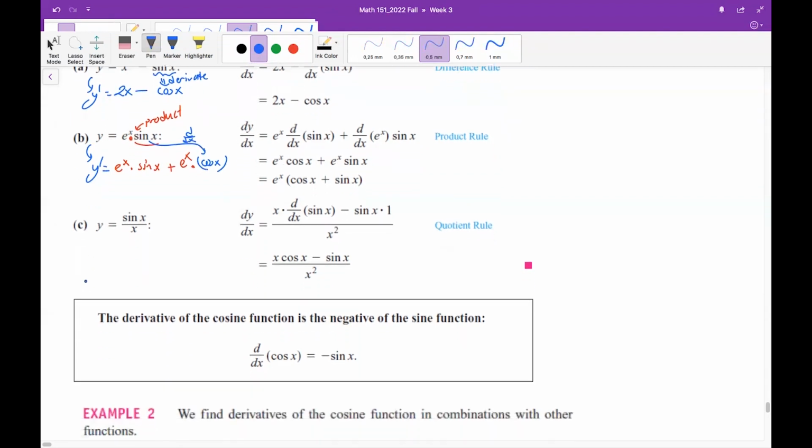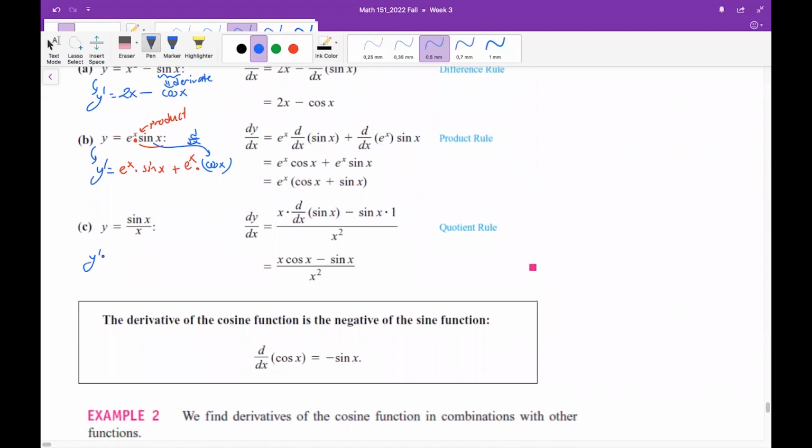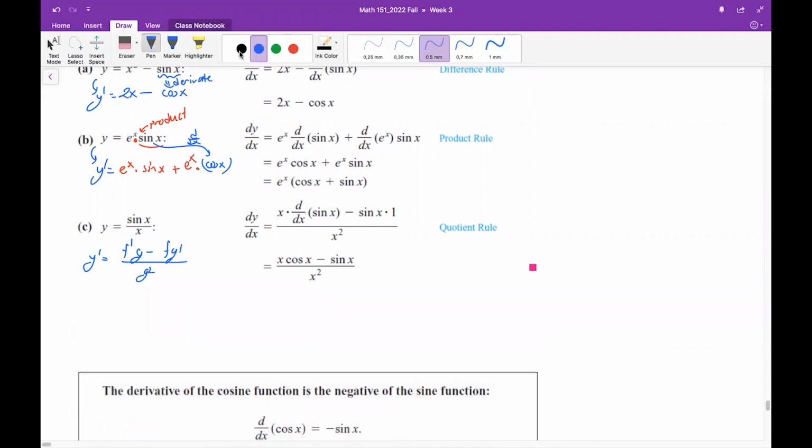So let's move to part C. Y prime is, this time we have a quotient function. So we need to apply quotient rule, which goes like f prime g minus f g prime divided by g squared, right? Okay, and the application, f is sine x and g is given as just x.